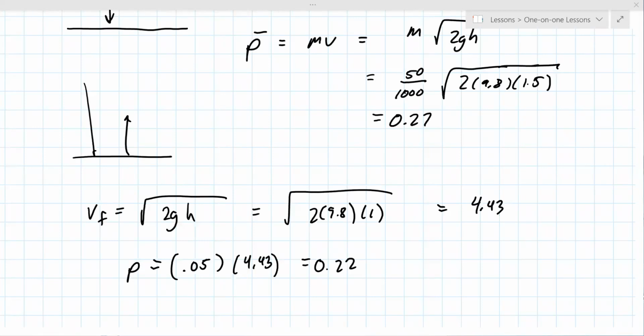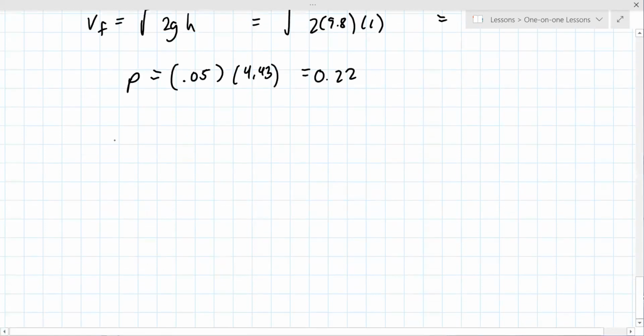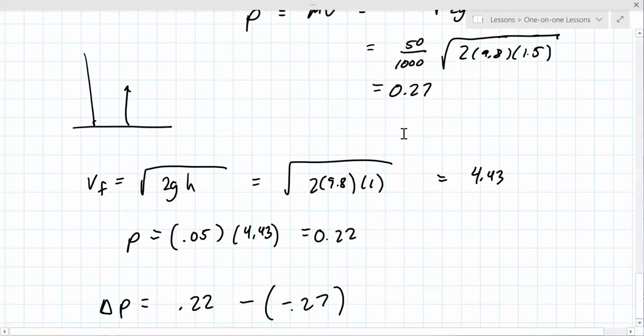So in part C, it wants the change in momentum. The change in momentum is the final, which we just calculated, the 0.22, minus the initial. Now the initial is actually negative because we said it's going in a certain direction. I think did we say 0.2? So yeah, that's 0.49.